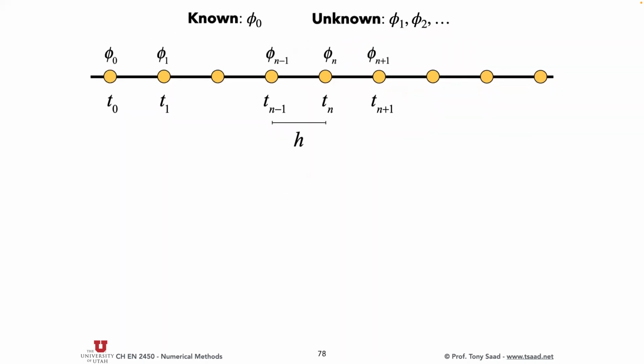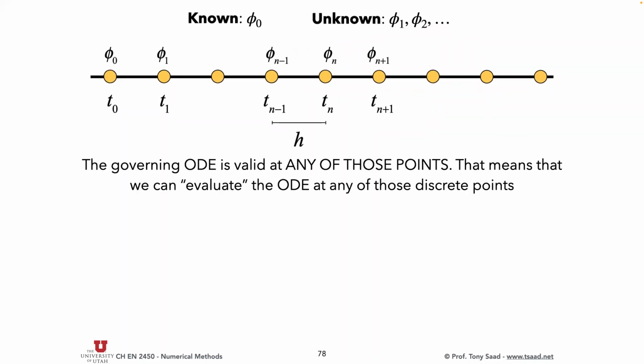Now, I want to make a very important statement here, which might be obvious, but it is important in the discussion: this ODE is valid for any time t. So over this time interval, t0 to t end, assuming everything is physical and all the derivations are correct, this equation is valid in this interval.